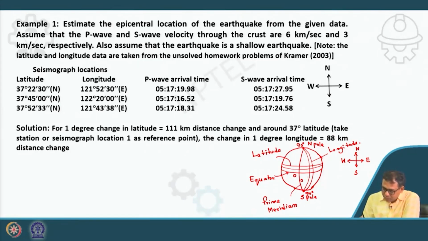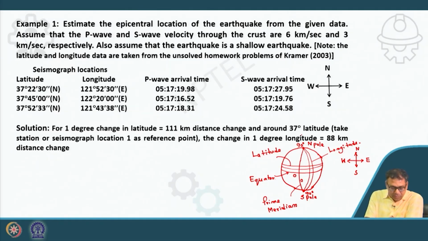So if you change 1 degree along any longitude, that will give you a change of 111 kilometers.